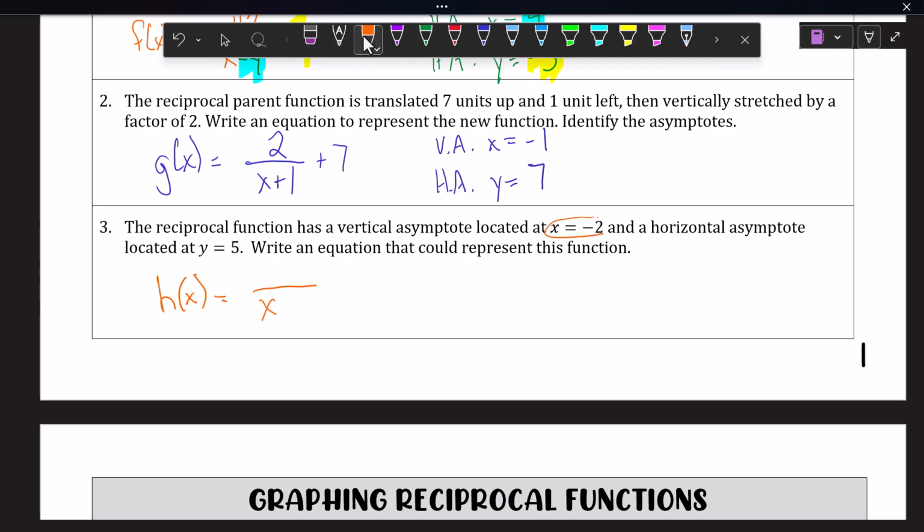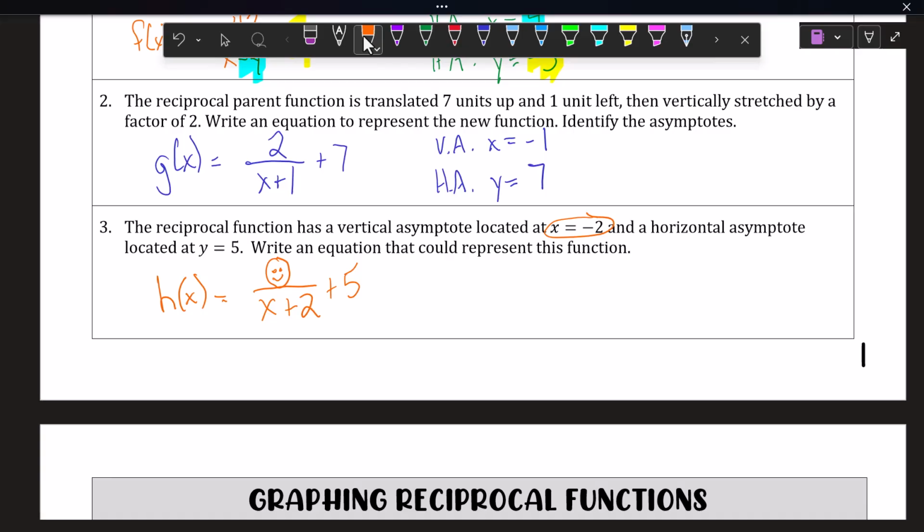So if the vertical asymptote is at x equals -2, that means it's plus 2 in our equation because it's the opposite. Now, it doesn't say if there's a stretch, compression, or reflection, so it doesn't matter what this is. I'm going to make a smiley face. And located at y equals 5, well, that would just be plus 5.